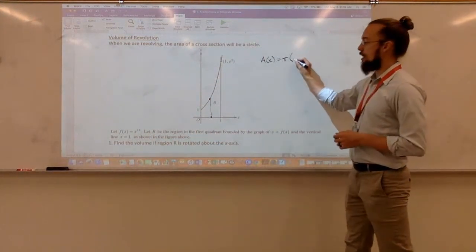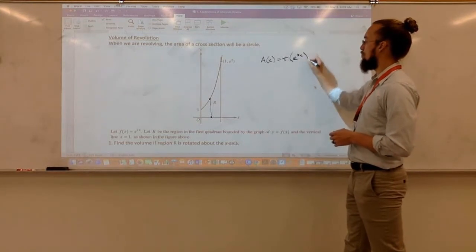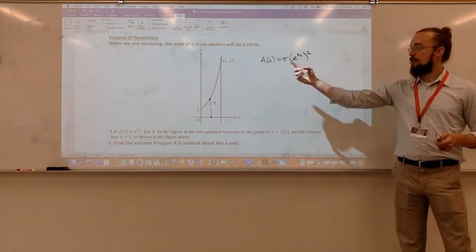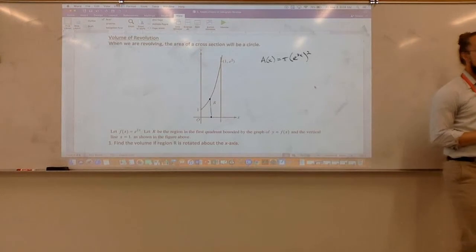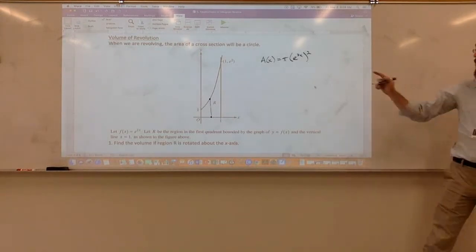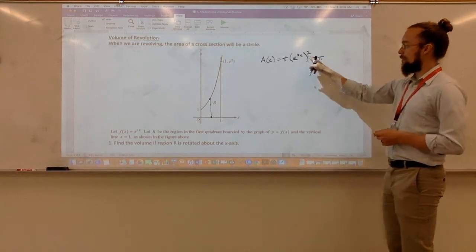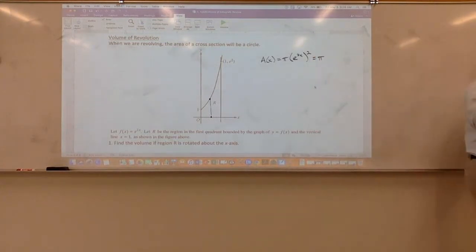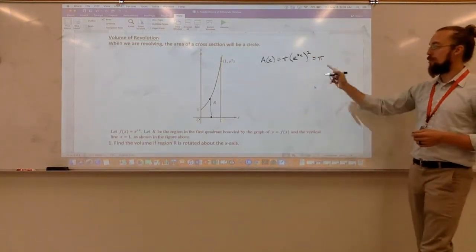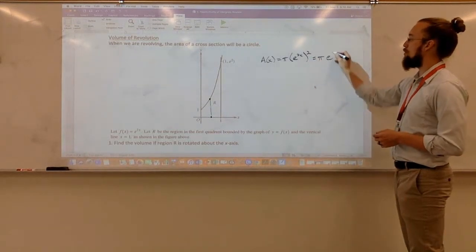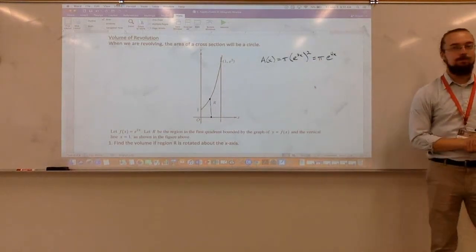So pi times e to the 2x squared. If I'm raising a power to a power, I multiply them, so e to the 2x squared would just be e to the 4x.